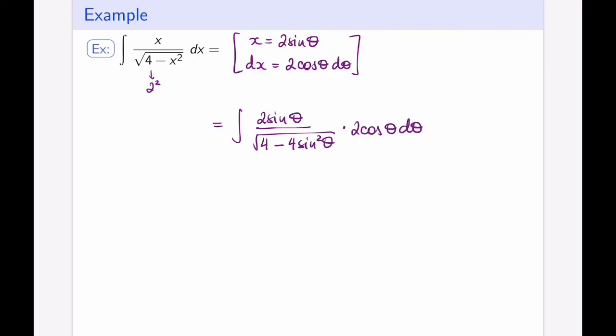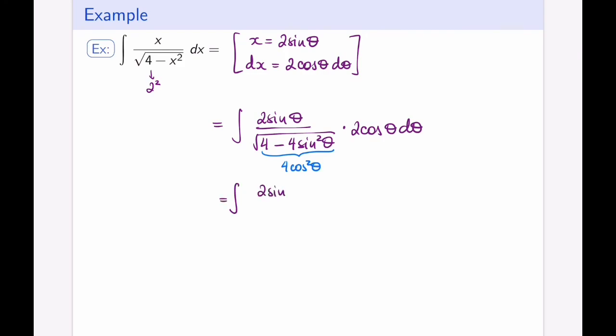Okay, there's a lot of information within just this one little integral, but we can simplify this because we haven't yet used our trigonometric identity. We notice that this is 4 times 1 minus sine squared theta. So altogether, this expression under the square root will yield 4 cosine squared theta. So if I take the square root of that, what am I going to get?